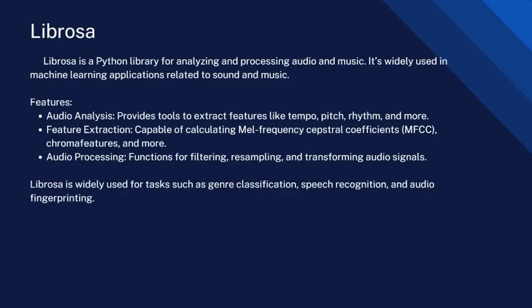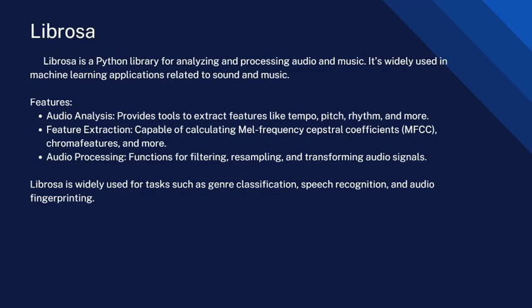Next is Librosa. So what is Librosa? It is a Python library for analyzing and processing audio and music. It is widely used in machine learning applications that are related to sound and music. Its features are audio analysis.